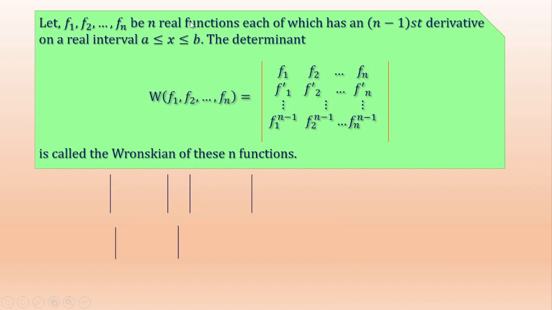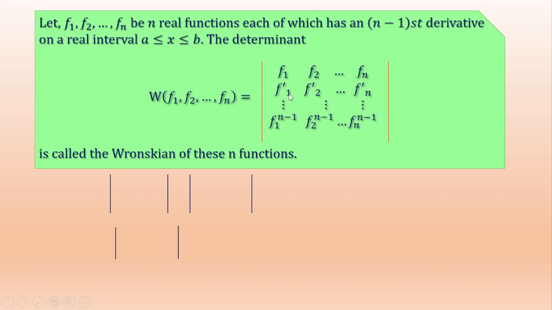Let f1, f2, up to fn be n real functions each of which has an (n minus 1)th derivative on a real interval a less than or equal to x less than or equal to b. Then the Wronskian W(f1, f2, up to fn) is the determinant where the first row is f1, f2, f3, f4 going up to fn.